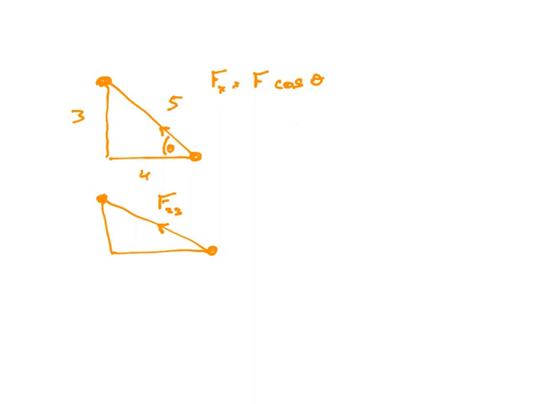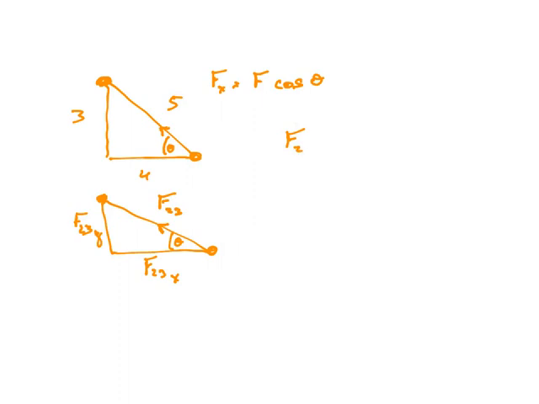So for this bottom triangle, if I call this F23Y and F23X, the X piece of force, the Y piece of force, and the total force, then first of all, theta is the same theta because they're similar triangles.